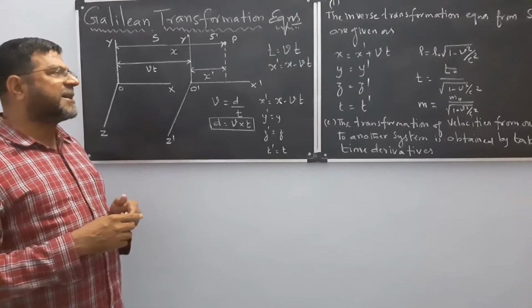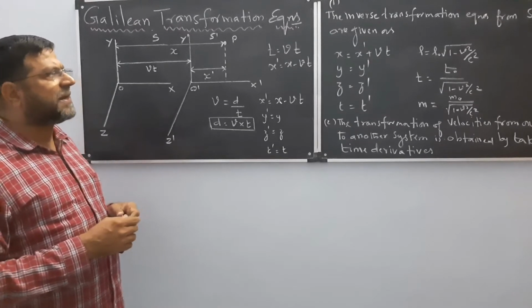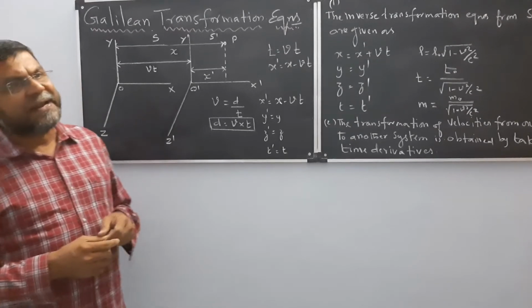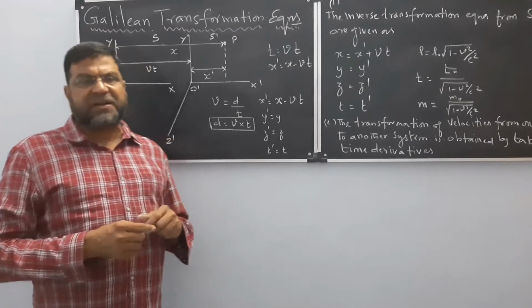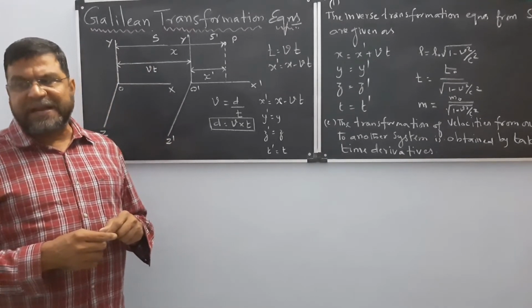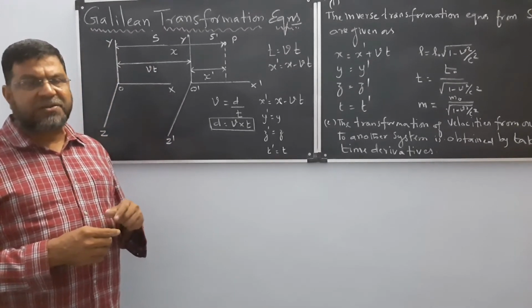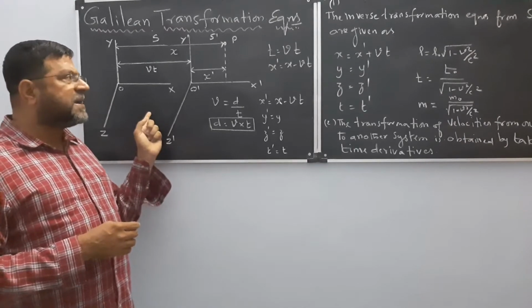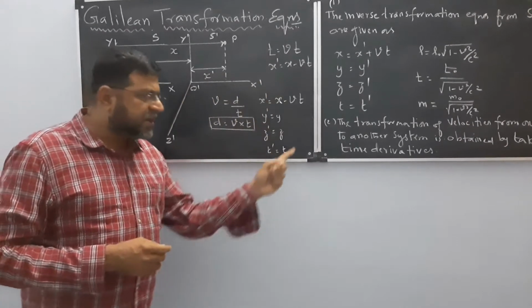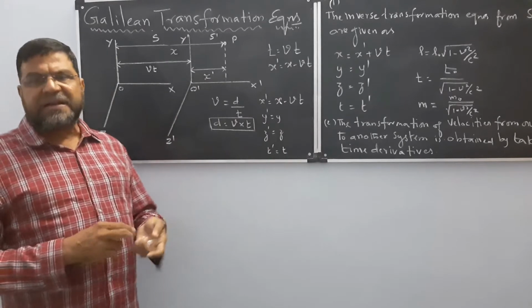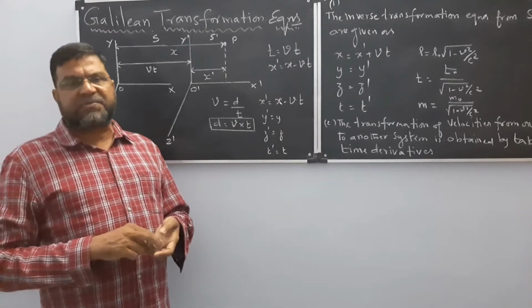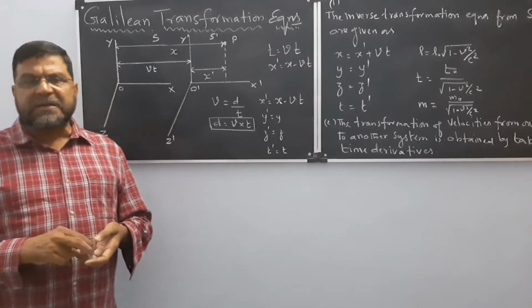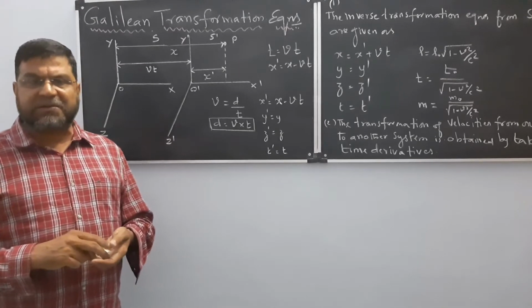Also, you can express the same aspect in terms of Galilean inverse transformation equations. In Galilean transformation equations, I told you when the particle is moving from S to S dash, these are the equations written: x dash is equal to x minus vt, y dash equal to y, z dash equal to z, t dash equal to t.